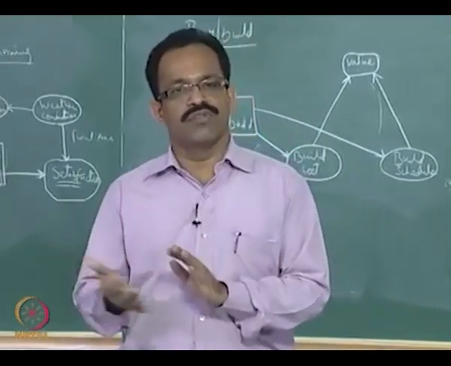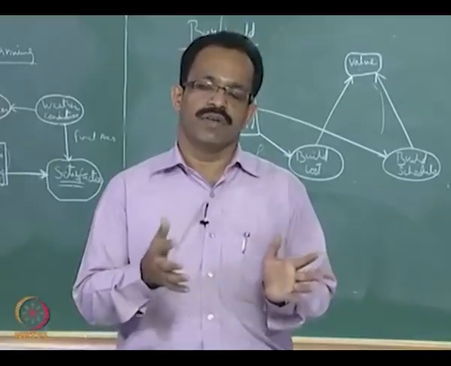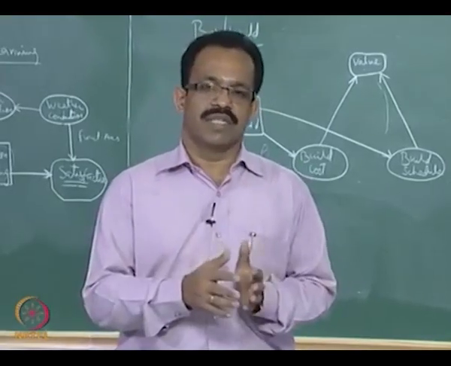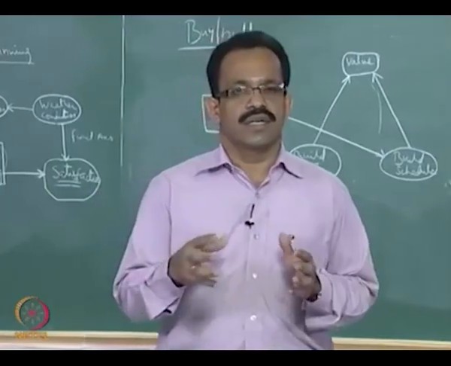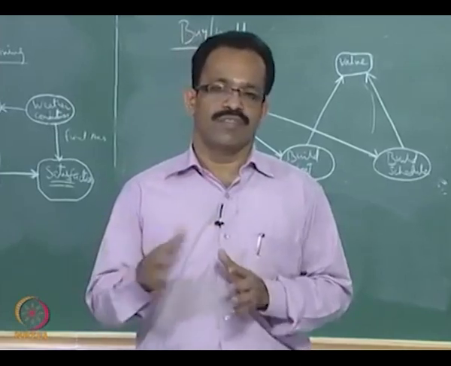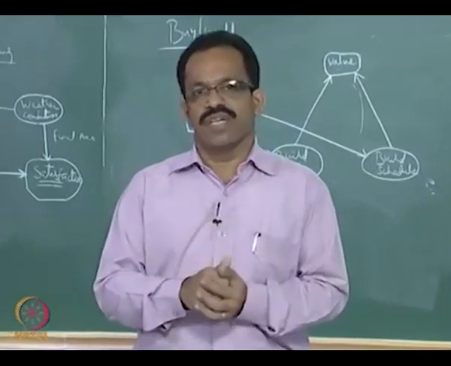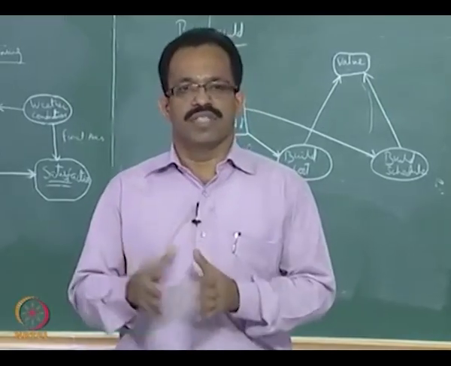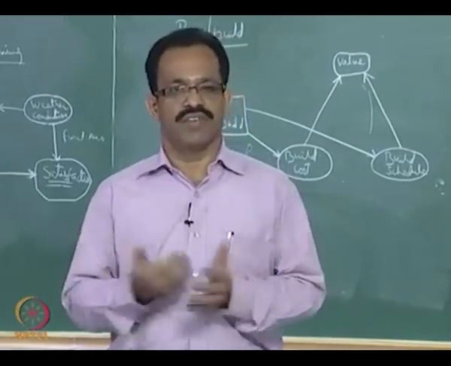There are various tools for doing that. We saw a few tools like influence diagrams, decision trees and other methods where we model the decision scenario and analyze the expected values of various decisions, and based on that we take a decision appropriate for that particular scenario based on whatever information is available.